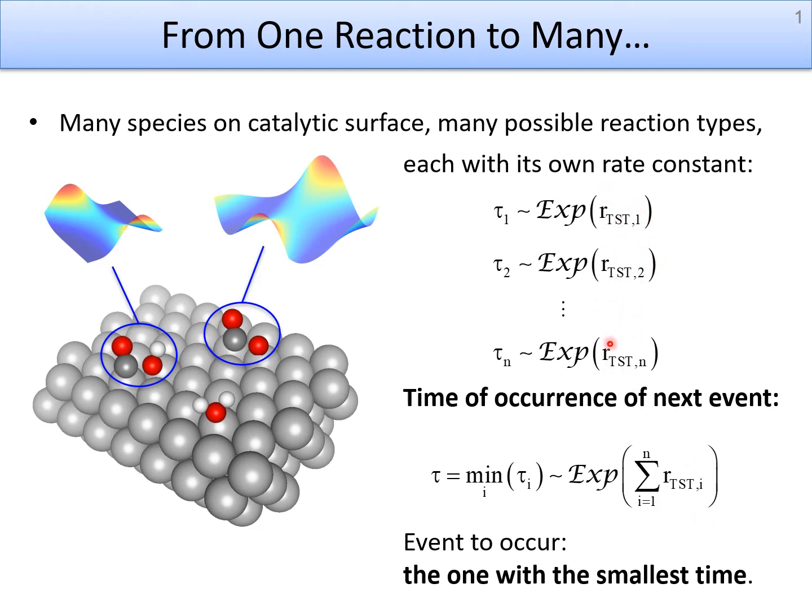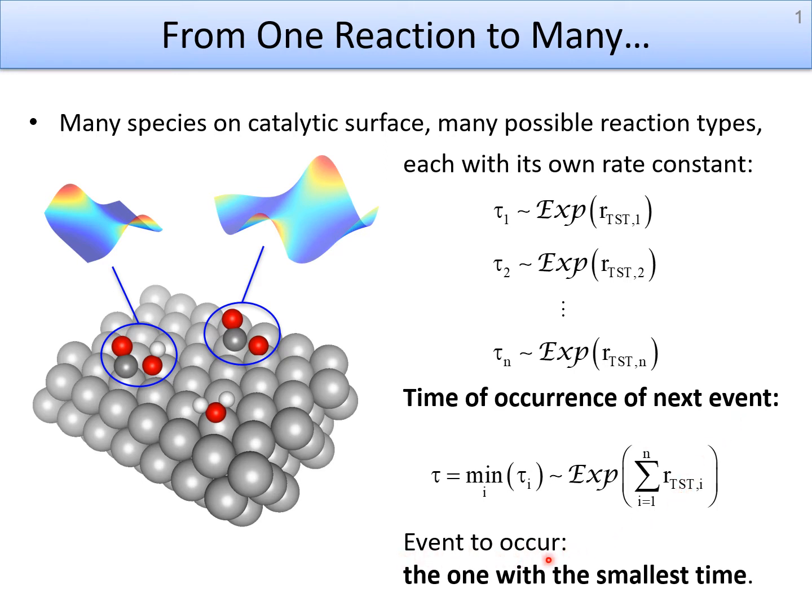So I can either generate a bunch of random times, take the minimum out of them, or just sum up all the rates, also known as propensities, and then generate just one random time, an exponentially distributed random number, which will give me the time of the occurrence of the next event.